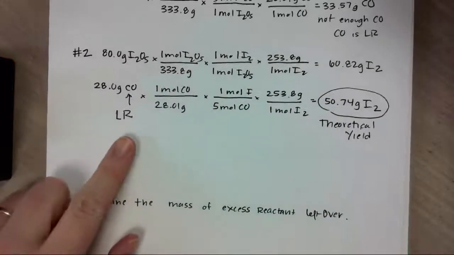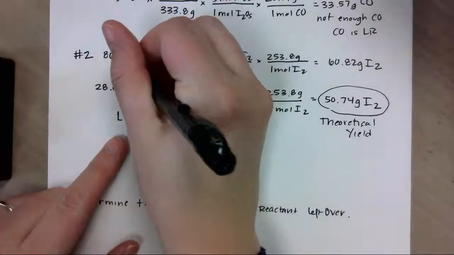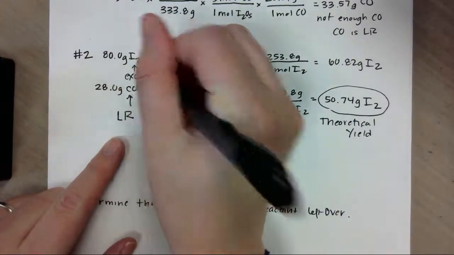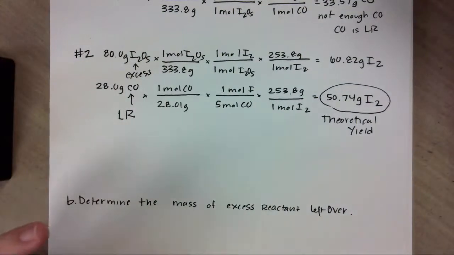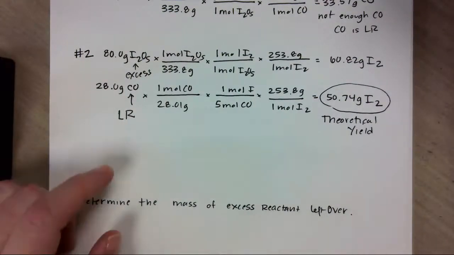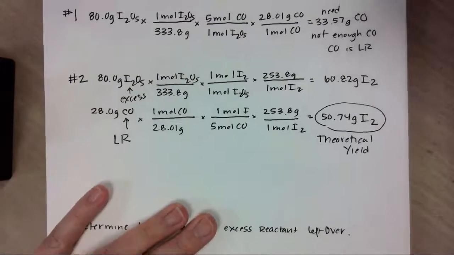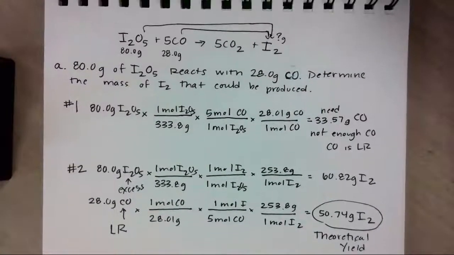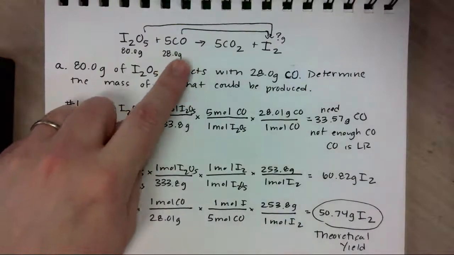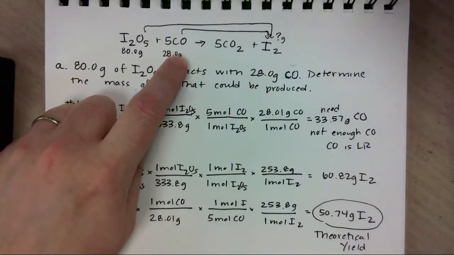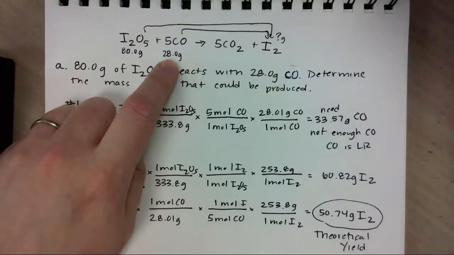So if carbon monoxide is my limiting reactant, then my excess is my I2O5. So this is where our stoichiometry skills kind of have to come into play a little bit here. Because carbon monoxide is my limiting reactant, it means all 28 grams of this are going to disappear and go away.